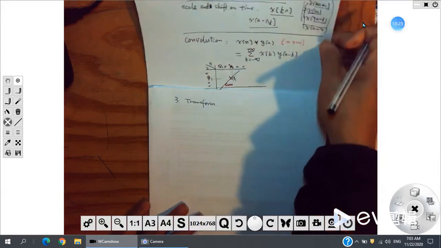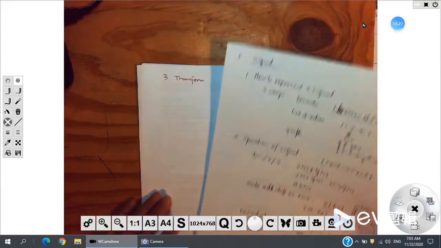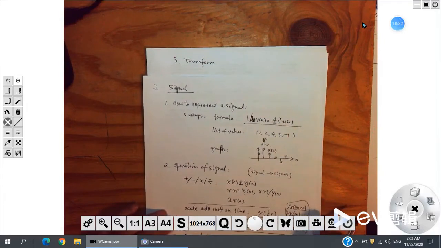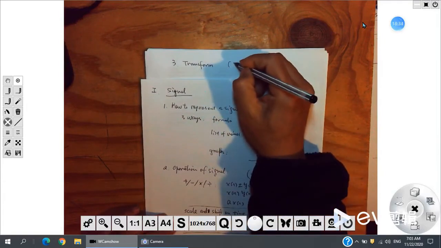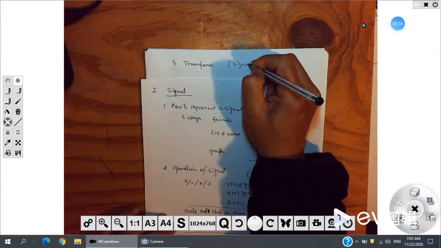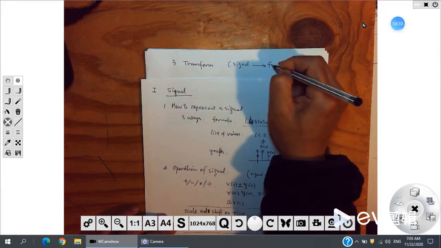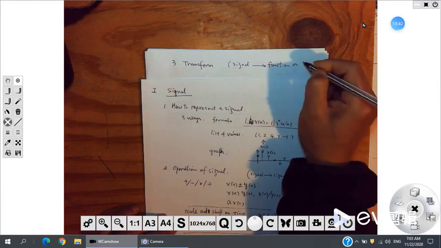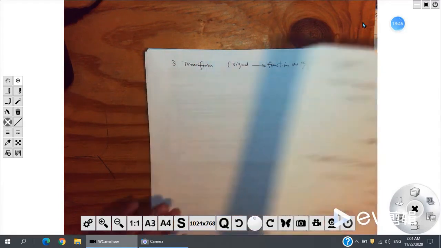It is also a change from a signal, but the result is not a signal again. This is from a signal to a function on omega or z.